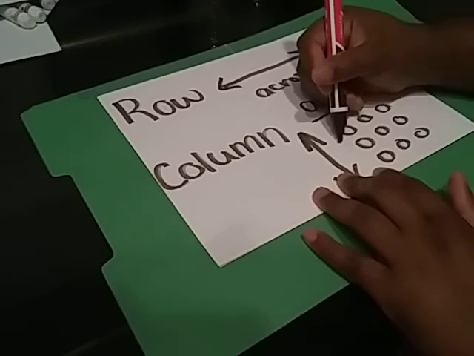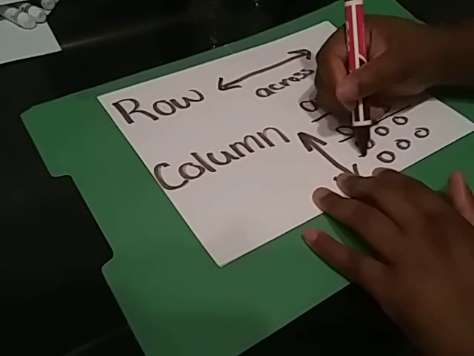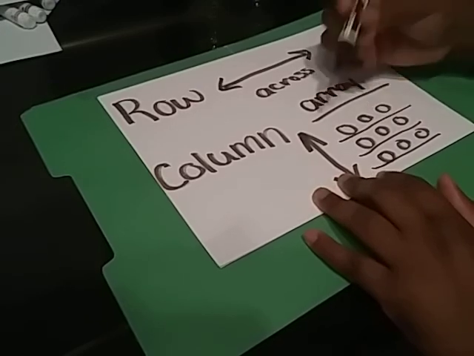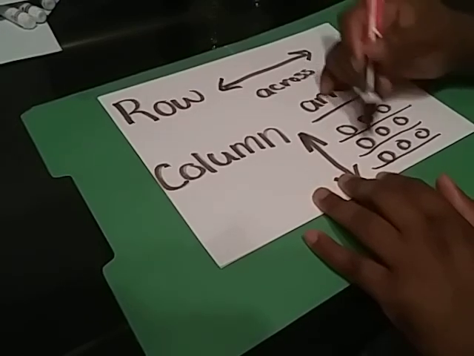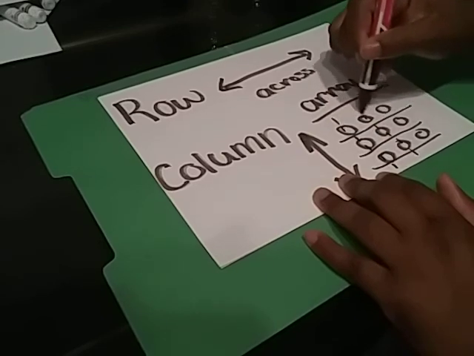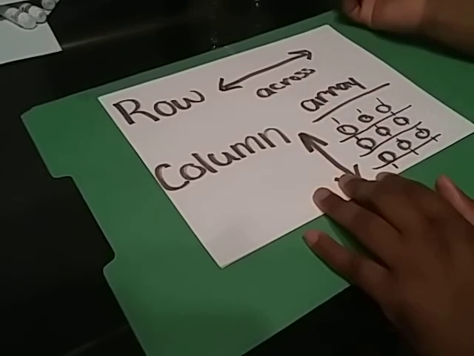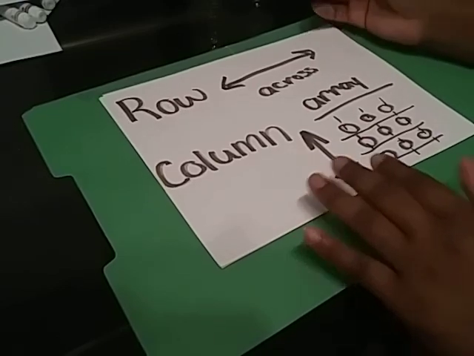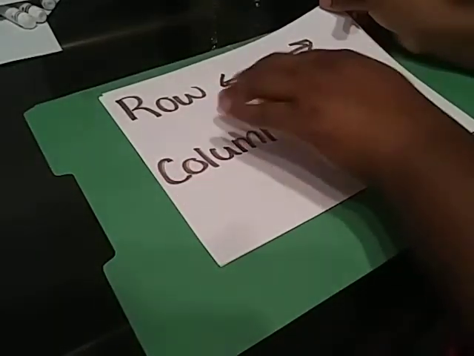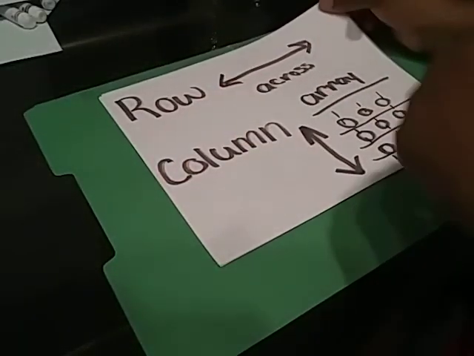So I have 3 rows and 3 columns. We're going to get more into that. I just want to share that information with you, and it's very easy. They have to practice this in order to get it down pat.